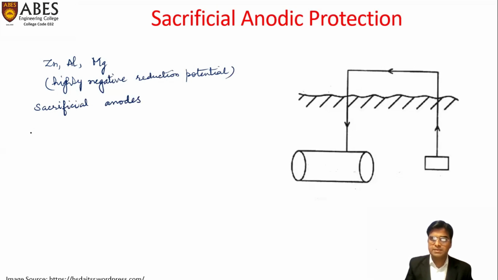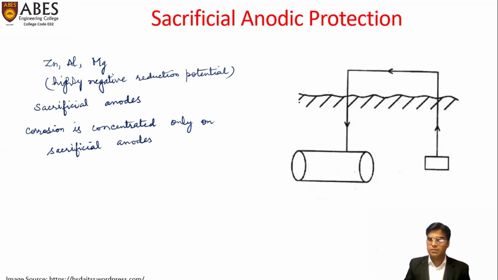And in this case, the corrosion process is mainly concentrated on these sacrificial anodes. Corrosion is concentrated only on sacrificial anodes.